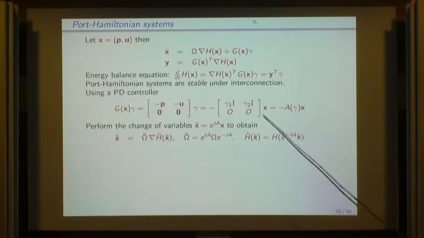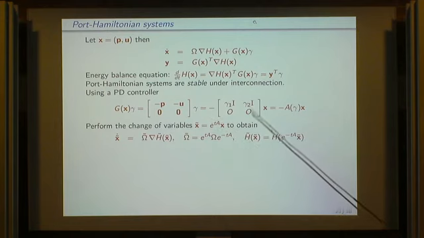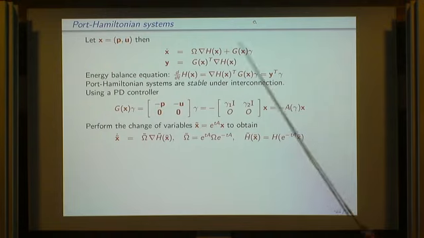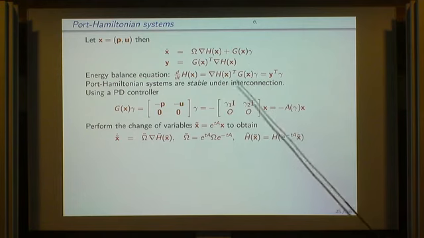Another interesting thing about these systems is that they are stable under interconnection. You could have two of these with different variables, and you could use the output of one of them to be the input of the other, okay?